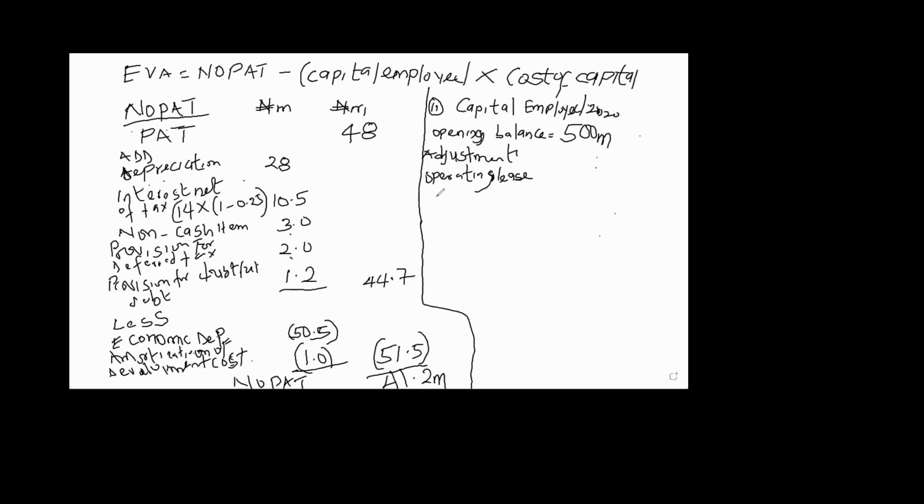You are very correct. If you calculate total assets for 2019, 540 million, less current liability, 40 million, you still get 500 million. But once you understand the concept, you know that whether I take from total assets or move into capital employed, I'm sure that I'm correct.